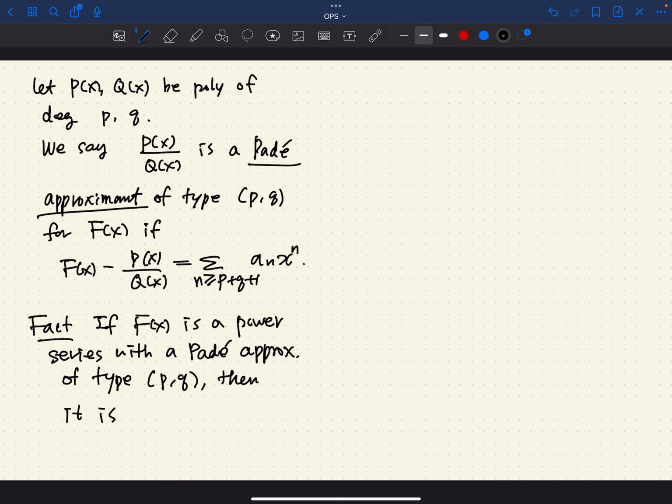The Padé approximant is unique. It's a fact. Okay.